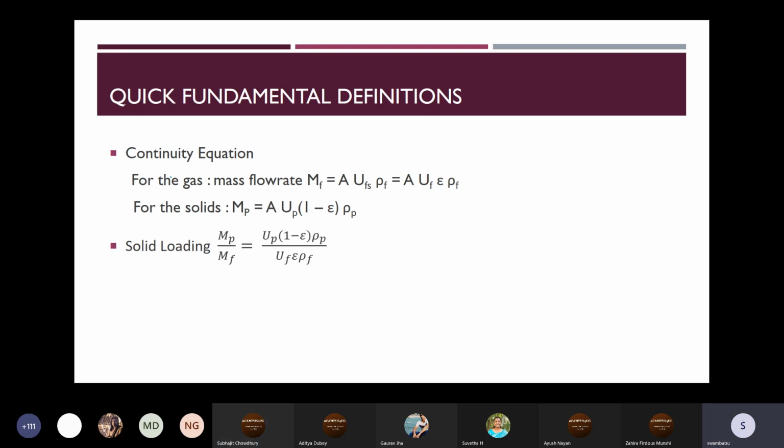Incompressible fluid, yes, very good. If the density of the fluid doesn't change, that is called an incompressible fluid. If the density of the fluid changes, that is called a compressible fluid. For incompressible fluids, the mass flow rate is constant.